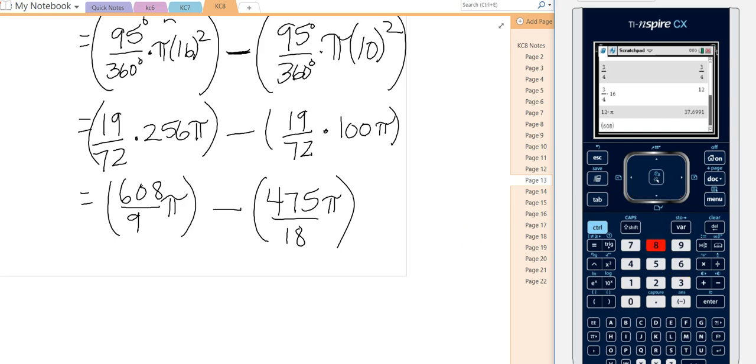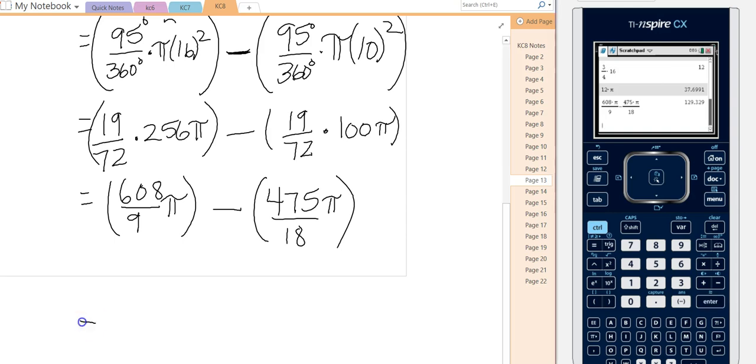You're going to do 608 pi divided by 9, tab out of that parentheses, minus 475 pi divided by 18. If you click enter, you get that simplified answer as 129.329. That would be our final answer here.